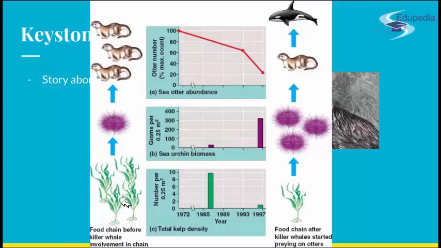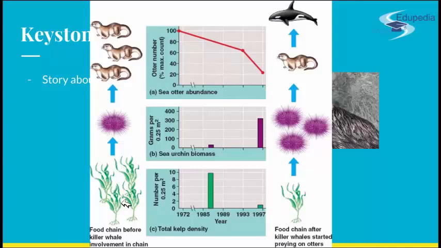As we all know, kelps are really important in each ecosystem they're present in because they produce oxygen and provide hiding places for the young of different fish species, and so on. Then, over the last 20 years, killer whales have been preying on sea otters more than usual, especially in Alaska, since the whales' usual prey has declined.